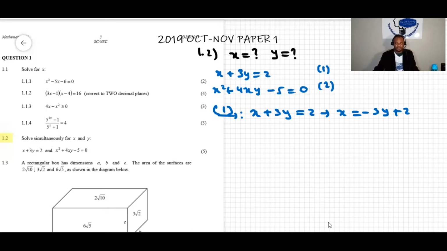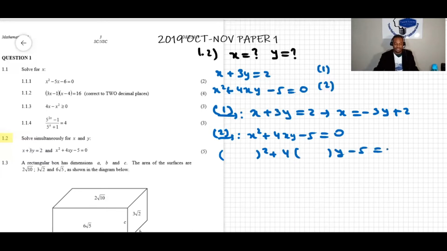Now, equation 2 is given by x squared plus 4xy minus 5 equals 0. Instead of writing x, I'm going to substitute the value of x. x is expressed as negative 3y plus 2.